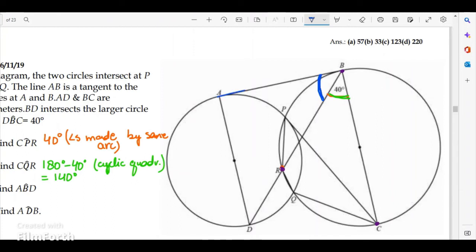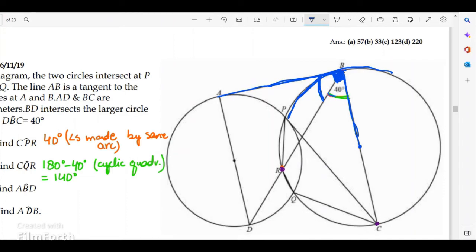This AB is a tangent to this big circle. And in this big circle, if this is the center, this is the radius. And hence this would be the angle between the radius and the tangent. You see that? This is the radius, this is the tangent, and hence this would be 90 degrees.